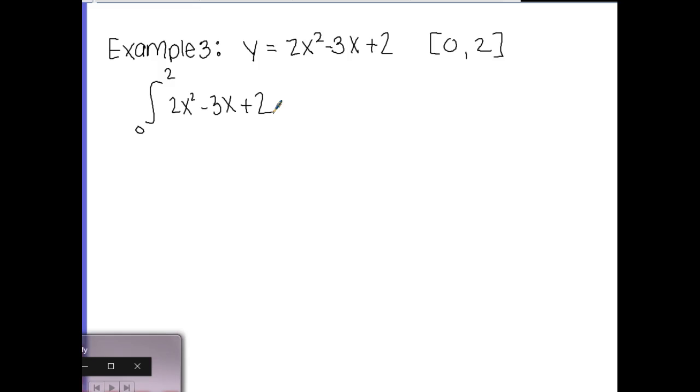Would any part of this parabola be below the x-axis? No, because it's shifted up, but everything will be above. So this parabola has no real roots.